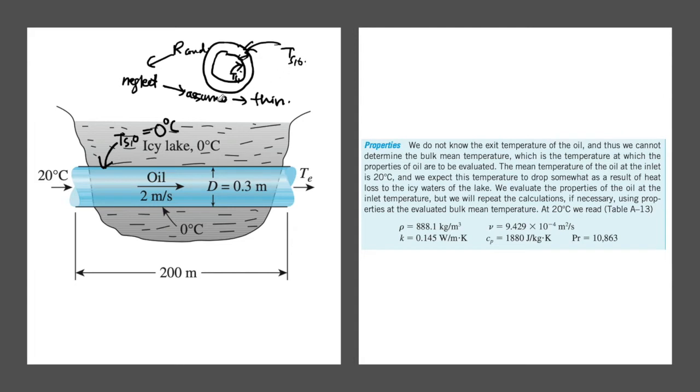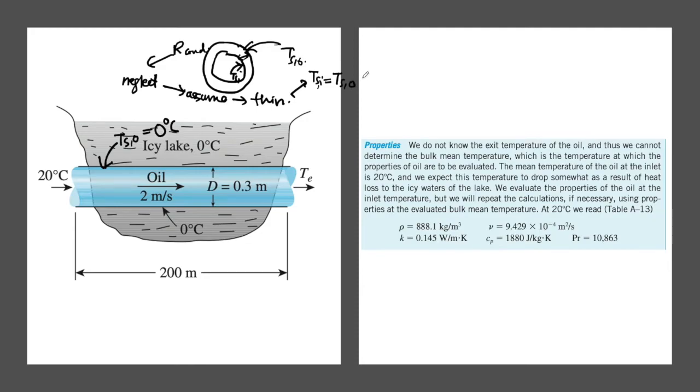So the TS out is nearly 0 degrees Celsius. What about the TSI? Because R conduction is neglected, we may assume that this is a thin tube. Therefore, TSI can be equal to TS out. Okay, that is our conclusion for TSI.